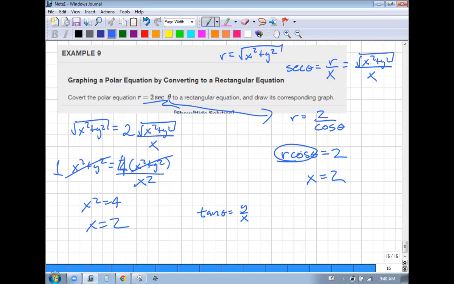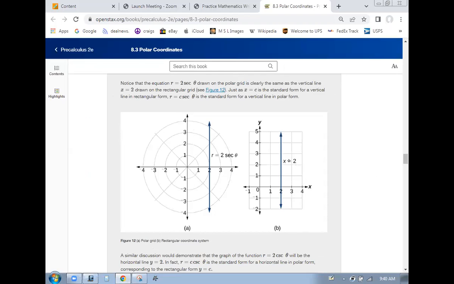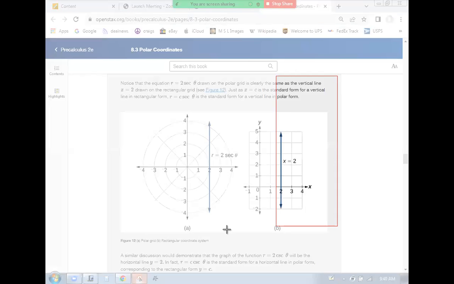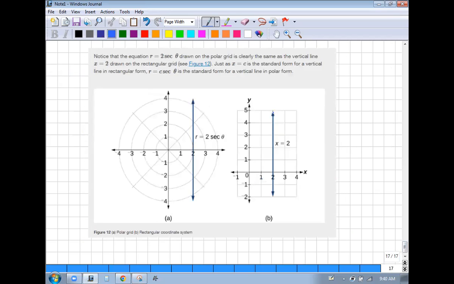You want to get r cosine thetas, r sine thetas, or tangent thetas, then switch to your x's and y's, okay? So yeah, here's a graph, x equals 2. Vertical line, x equals 2. You'd never think that r equals 2 secant theta would just be a vertical line, right? The more we play with this, the more we're going to develop intuition, which will help.